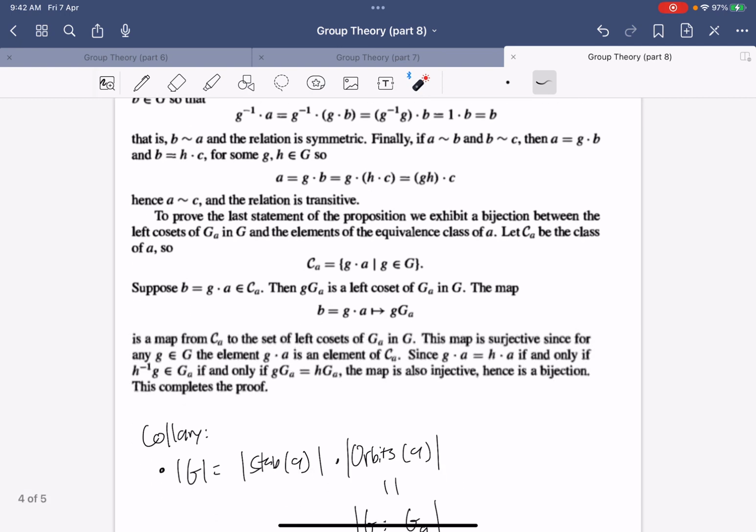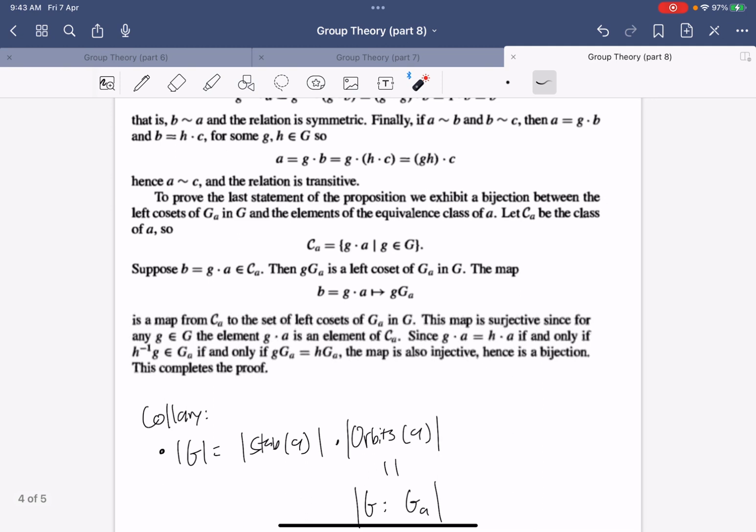What is really harder is to prove the last statement of the proposition. And it's not too difficult because we just need to find a bijection between the set of left cosets of the stabilizers and the equivalence classes of A, meaning the orbits of A. And so we let the orbit of A be denoted by C_A, and we suppose B equals G dot A, which must be an element of the orbit.